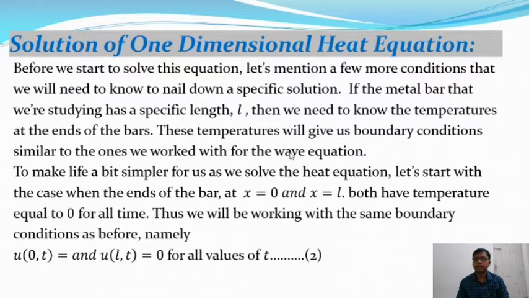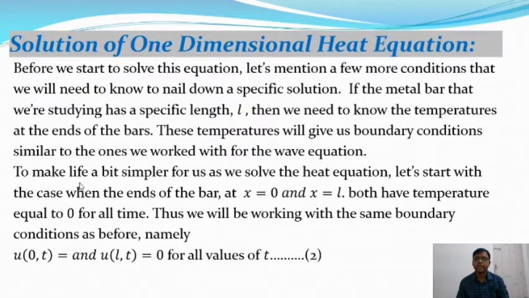So this temperature will give us boundary conditions similar to the ones we worked with for the wave equation. I have already discussed in the wave equation a metal bar with a specific length, say L, whose boundary conditions are similar to the heat equation's. I have already found the one-dimensional wave equation with the boundary conditions.